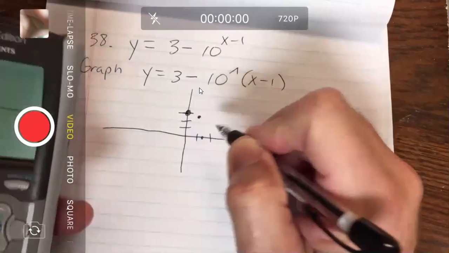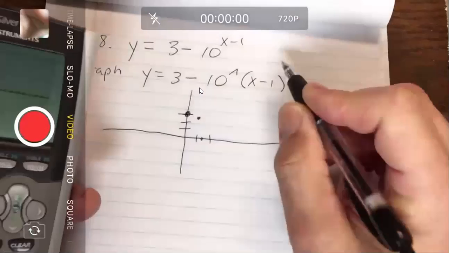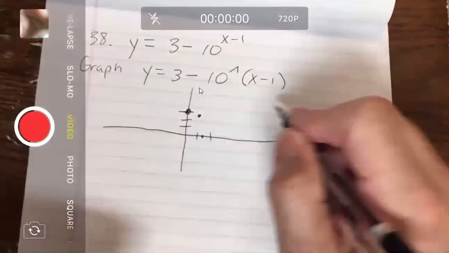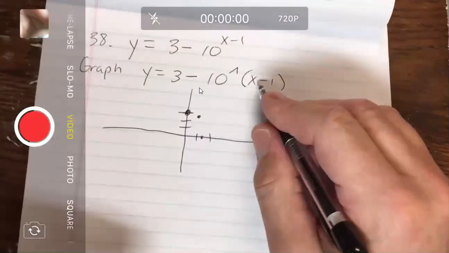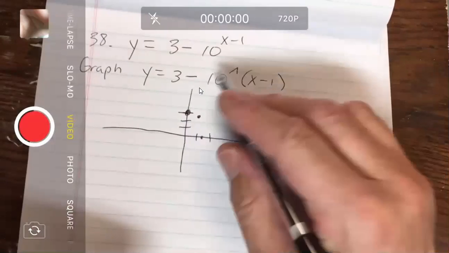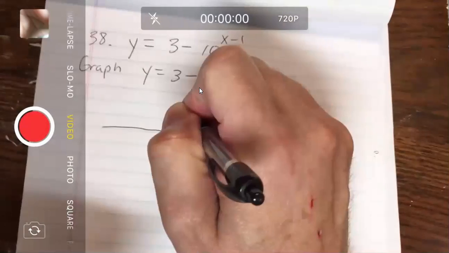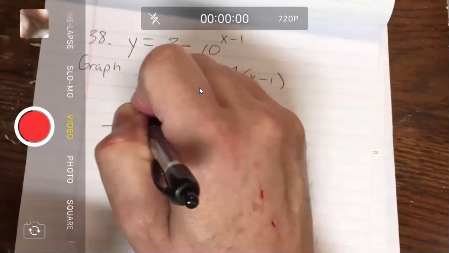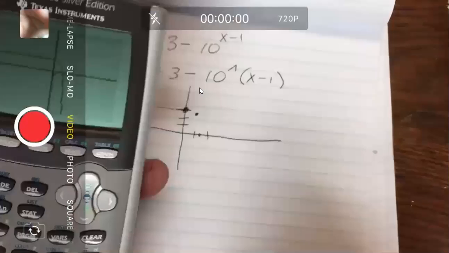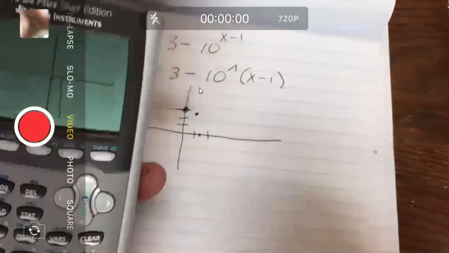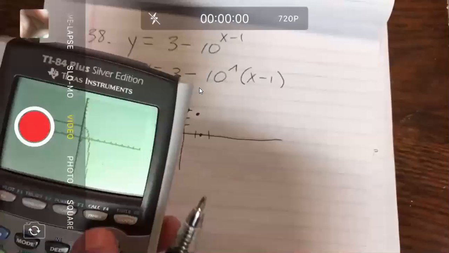All right. And see at x equals 1, you're getting 10 to the 0 is 1. 3 minus 1 is 2. So yeah, your x-intercept is like at 2. And then it's going up toward 3. You can almost see this from the trace. See this trace button? We haven't used it much. You hit it.